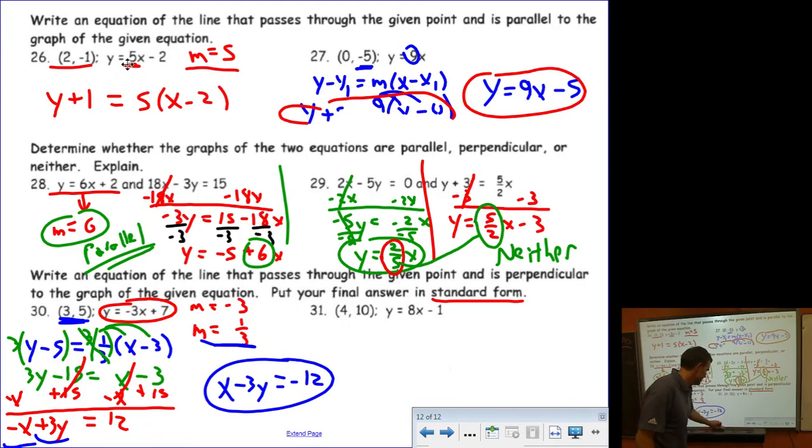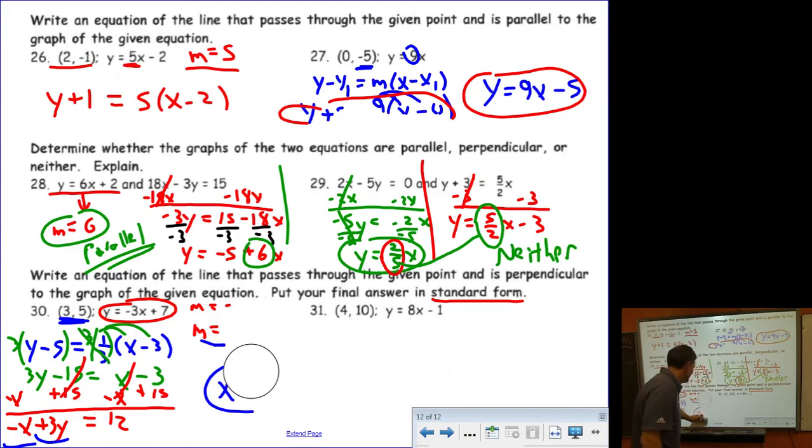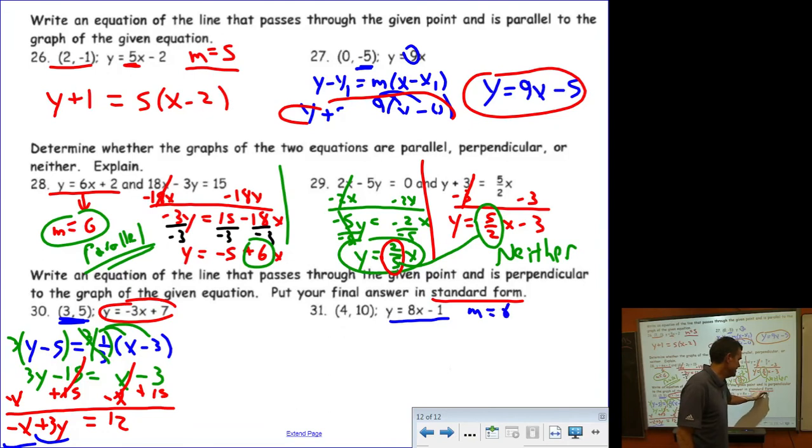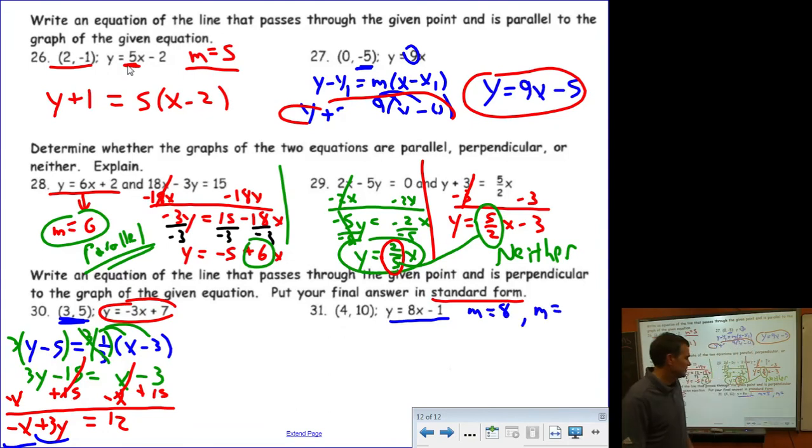All right, and finally, number 31. Again, I want an equation for a line that's perpendicular to this one. So that really tells me the slope of my line. This line has a slope of 8. My line is perpendicular to it, so my line is going to be the opposite reciprocal.